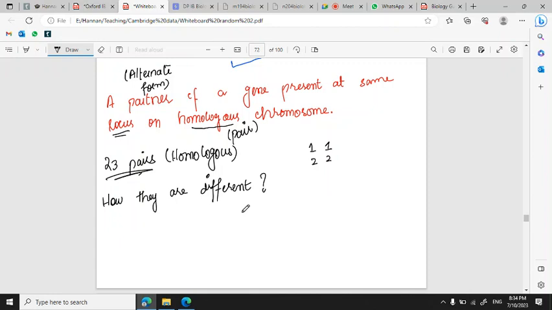Now the thing is, if we have the same chromosomes from our father and from our mother, chromosomes which have the same structure, same arrangement of genes, same size, then what is the difference that is causing the siblings to look different? What is the difference there?